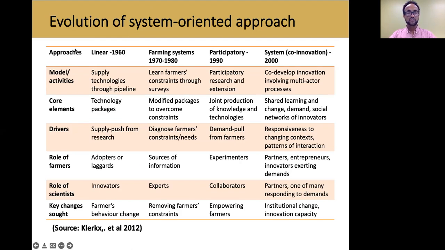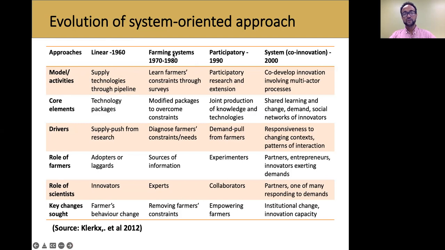So we can see the different characteristics of these approaches over the last 16 years, I think. If you take the linear approach, the main activity is to supply technologies through a pipeline. That's why we call it a linear approach.